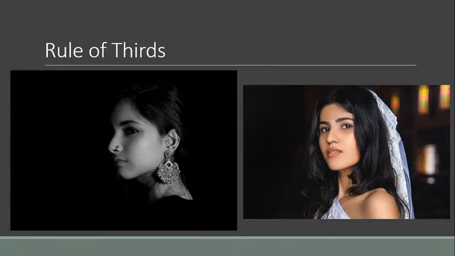But if you see the second picture, it is somewhat in the center because where the model is looking is not exactly to the left or right, but somewhat towards the camera. So depending on where the model is looking, what her facial expression is, and what her posture is, you set the framing of the picture.